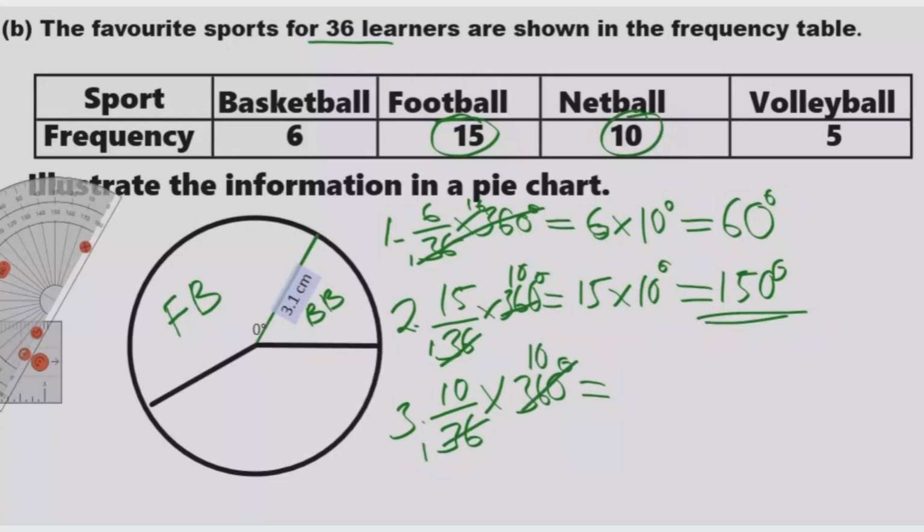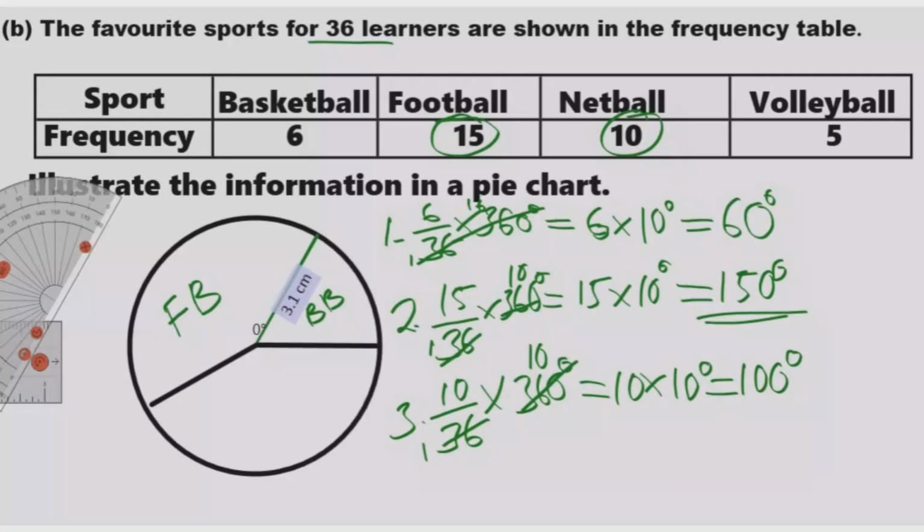So we have 10 degrees, then 1 into 10 gives us 10, then 10 times 10 degrees gives us 100 degrees. Okay, that is 100 degrees.